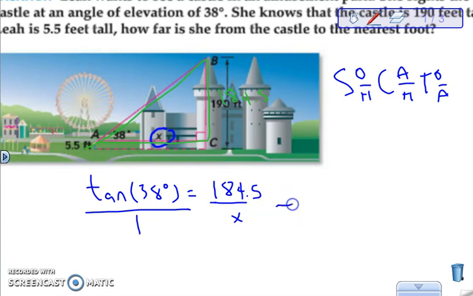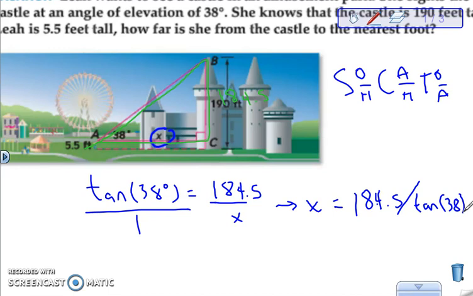So just like last time, we're going to cross multiply. And we're going to end up taking 184.5 divided by the tangent of 38. And if our calculator is in degree mode, we should get the right answer by simply typing this in.